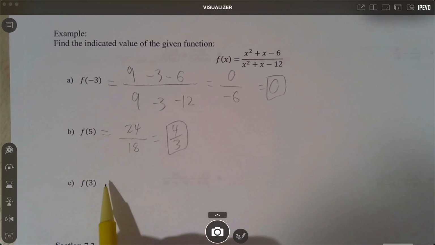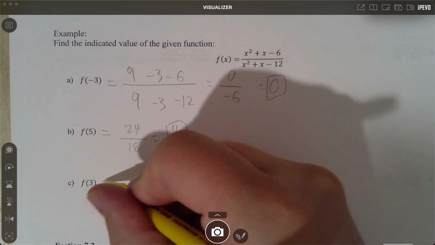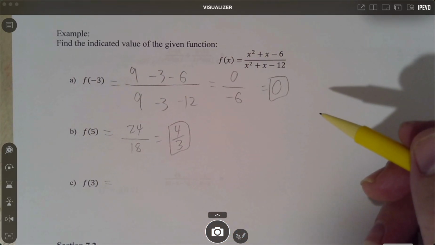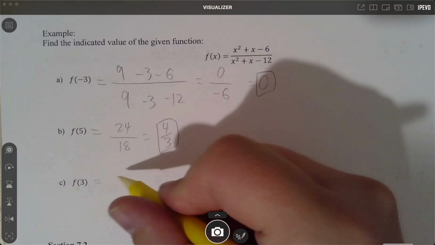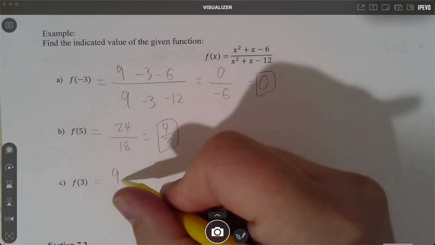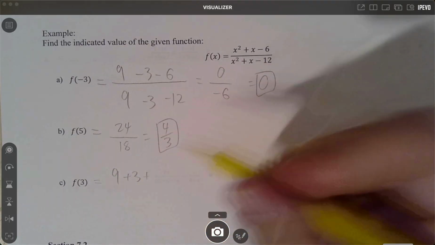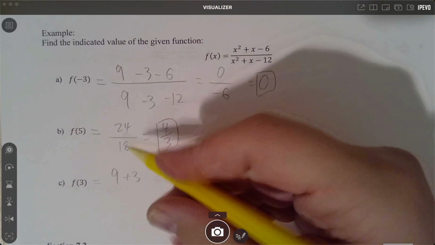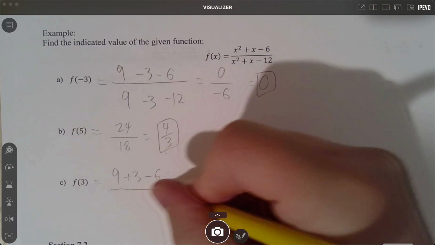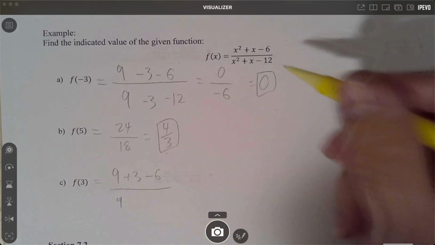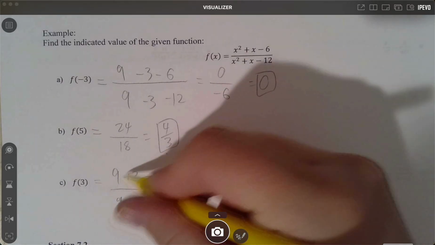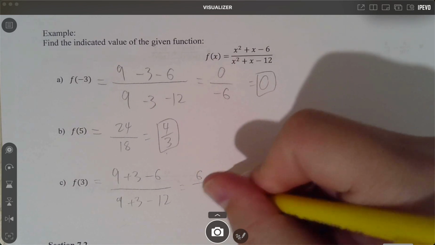On the last one, we plug in 3, and it's almost the same, but we'll see why caring about your sign matters. 3 squared is 9, plus 3, minus 6, sorry. And then on the bottom, we've got 9 plus 3 minus 12, and this time what I get is 6 over 0.